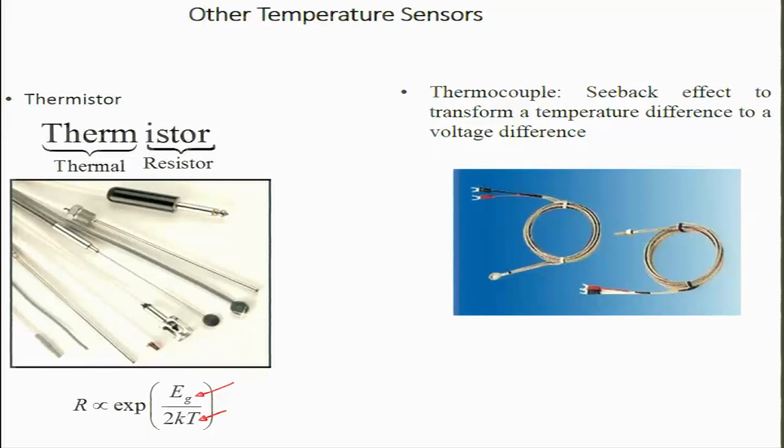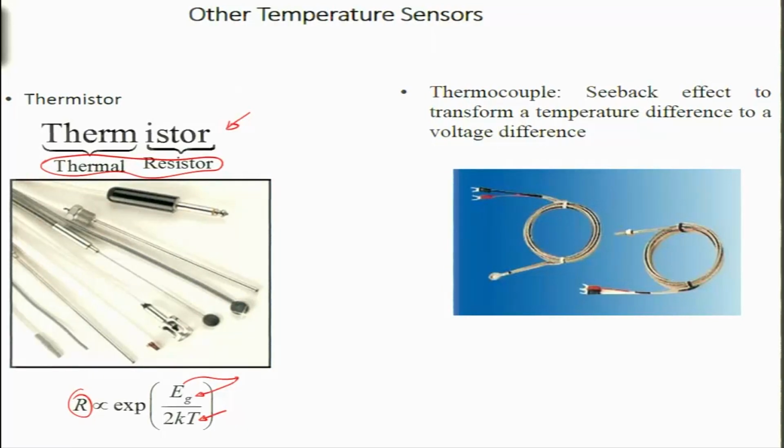There are a variety of other temperature sensors. One of the common sensors is the thermistor, for example, which is a thermal resistor. Here, with a change in temperature there would be a change in resistance, where this Eg is basically the band gap, particularly in zinc sulfide and other semiconducting materials forming thermal resistors or thermistors.